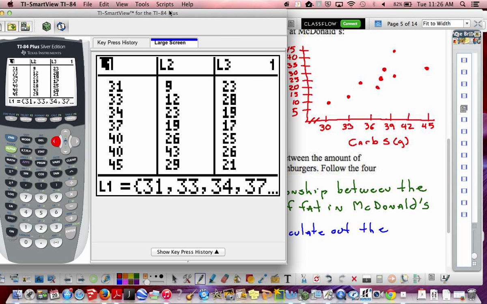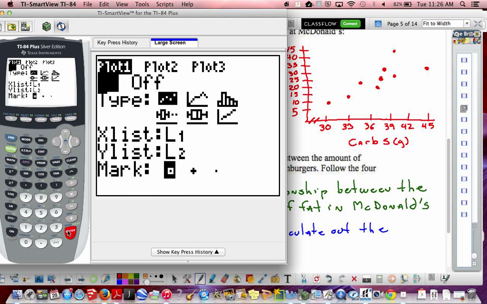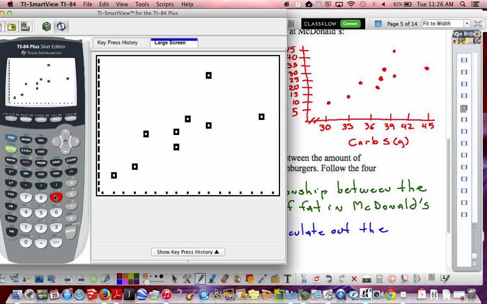All right, reviewing the stat plot: second y equals, we go to our stat plot. Probably most of you still have this on from yesterday, on scatter plot, and hopefully on list 1 and list 2. Again, remember when graphing we go zoom 9.